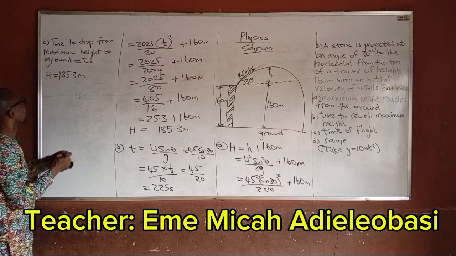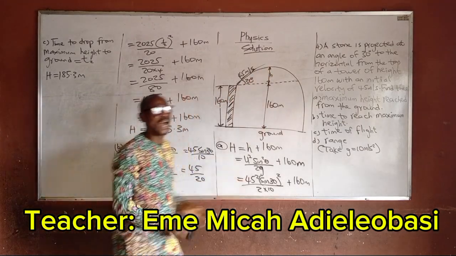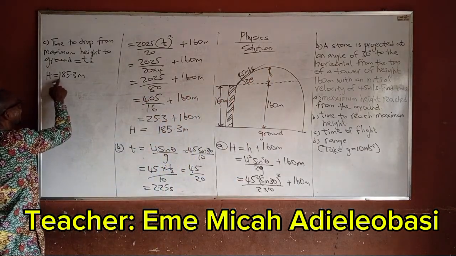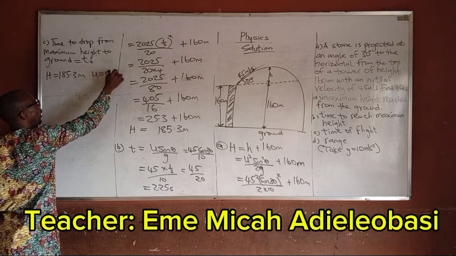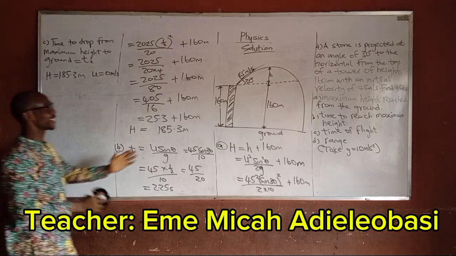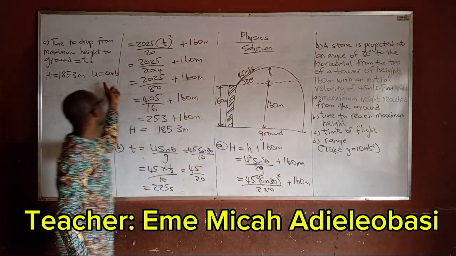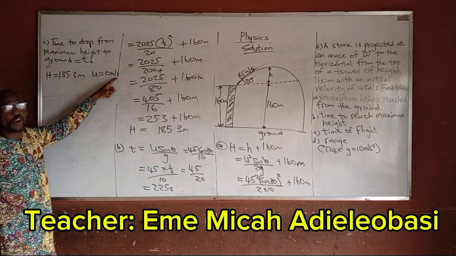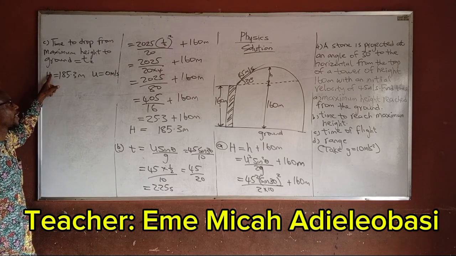185.3 meters. When the body is dropped from this maximum height, our initial velocity becomes 0 meters per second. It is now taken as a linear movement. So we want to calculate the time it will take to drop.